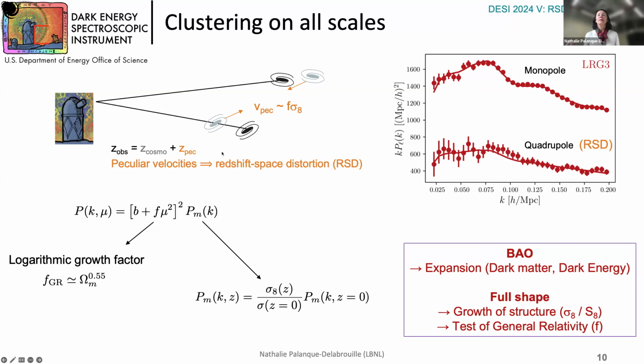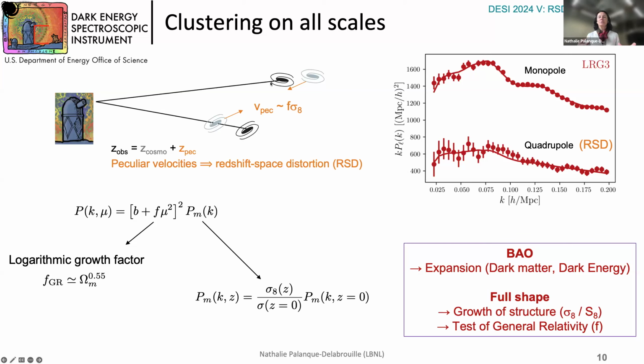And so the redshift that we observe in our spectrographs with the DESI instrument is the combination of the cosmological redshift, but also added to the peculiar redshift, the peculiar velocity of the galaxies.